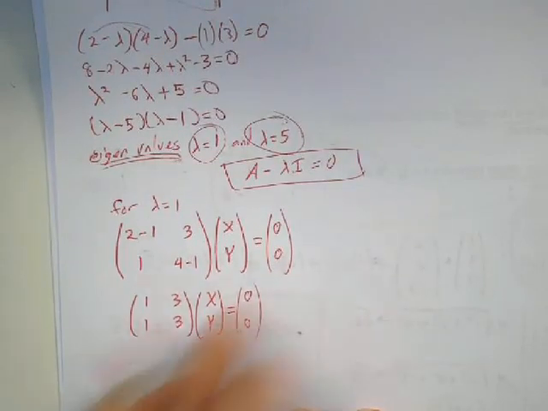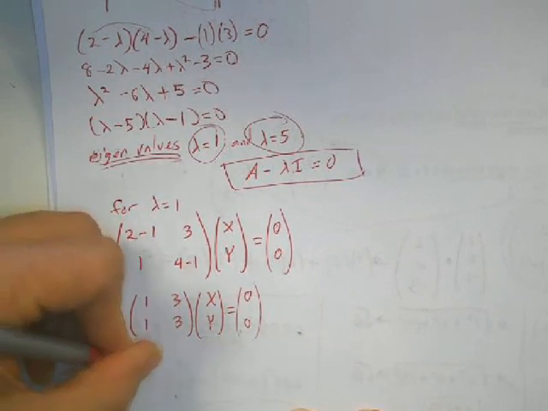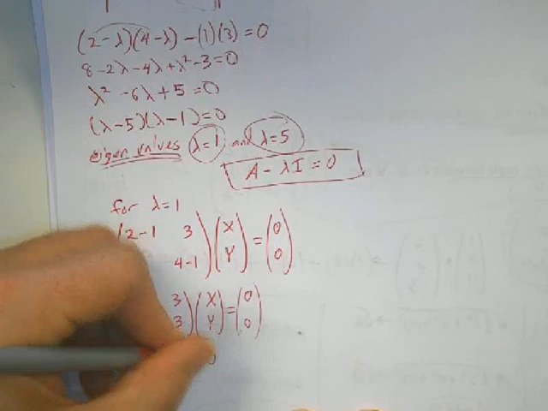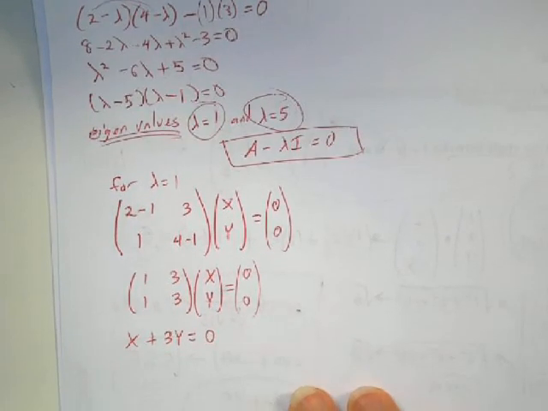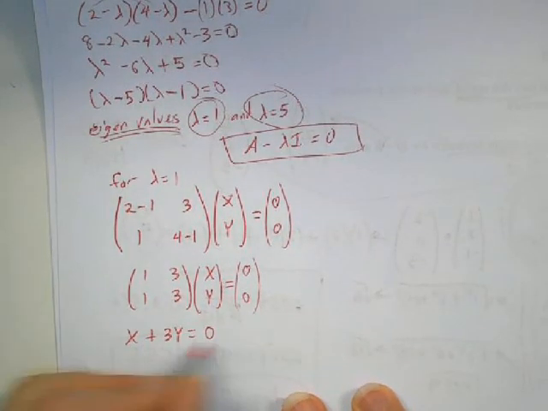Now I can rewrite this as one equation. 1 times x gives me x, 3 times y gives me 3y, and then equals 0. Now we want to solve for x and y. I can subtract 3y on both sides and get x equals negative 3y.